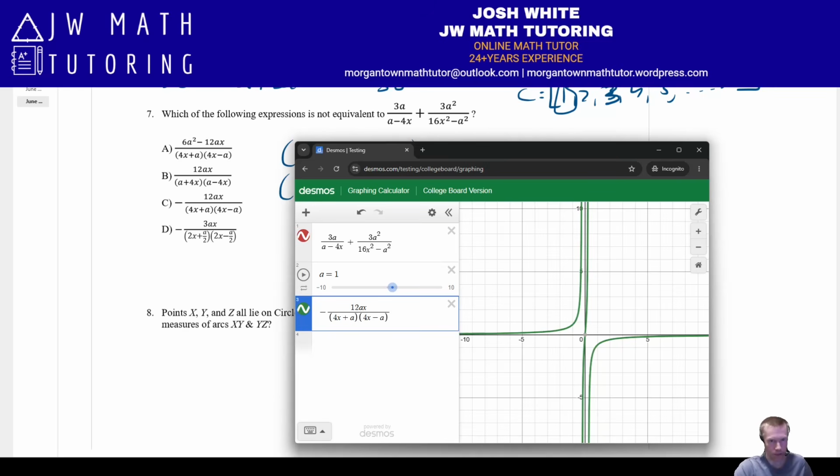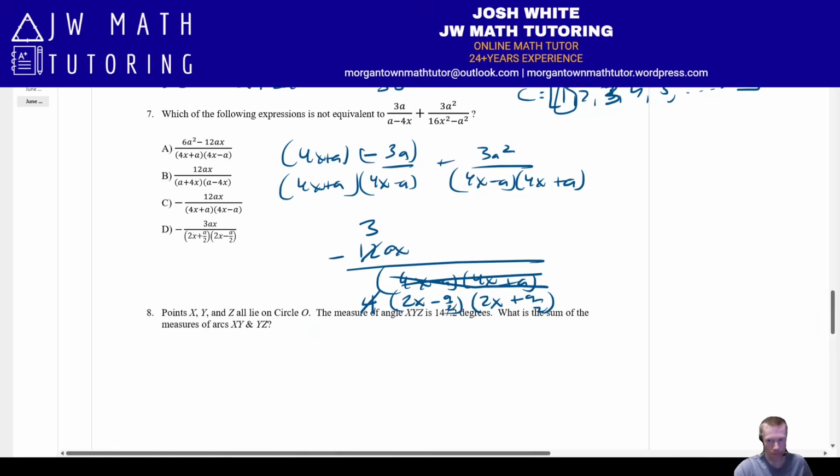Notice again, completely overlapping. So C is equivalent, not the correct answer. And let's look at this. Again, completely overlapping, right? Turn it off, turn it on. They're the same. Okay, so that's how you could do this entire problem in Desmos, basically matching identical expressions.